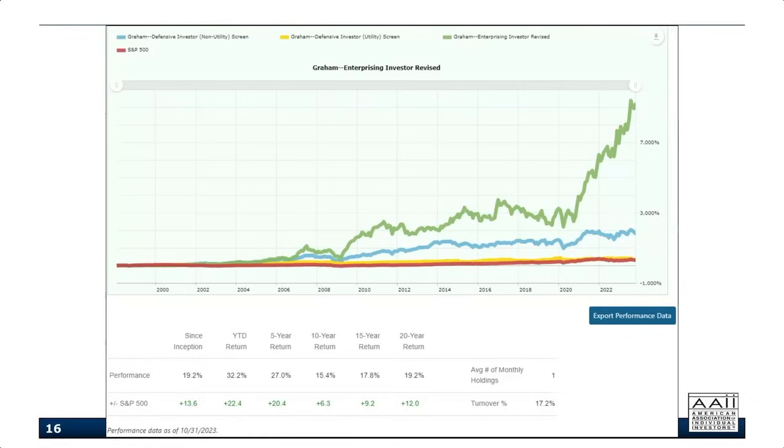It is important to point out that the results we report for our idea screens are based on simulated or back-tested results. There's no real money behind that, unlike the performance that we report for the model shadow stock portfolio and our other model portfolios at the association, which are based on real money, true market experience.